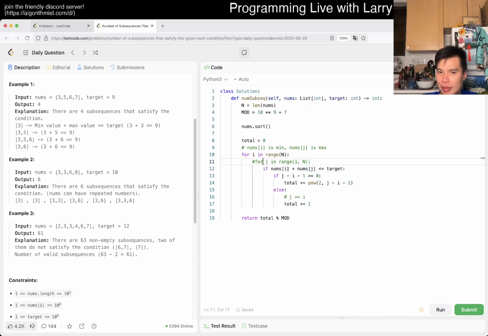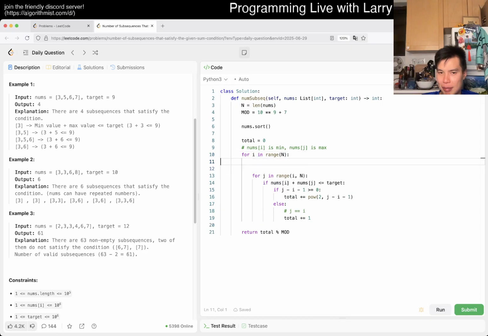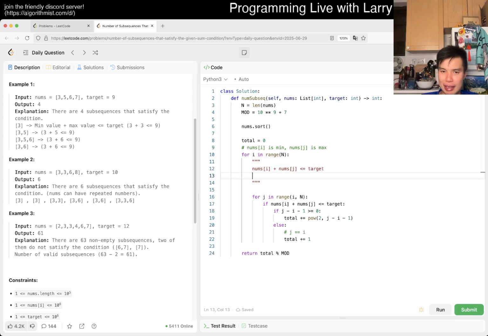Well, we can binary search nums for this condition. Right now we have num sub i plus num sub j is less than or equal to target. Now we subtract num sub i on both sides, so num sub j is less than or equal to target minus num sub i.